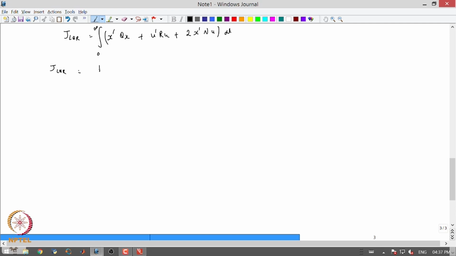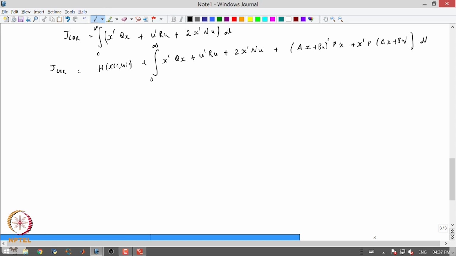So I have h(x, u) plus integral 0 to infinity of x transpose Qx plus u transpose Ru plus twice x transpose Nu plus (Ax plus Bu) transpose Px plus x transpose P again with the (Ax plus Bu), all with dt.